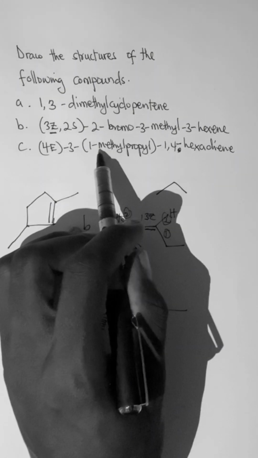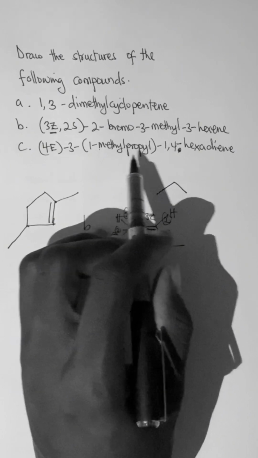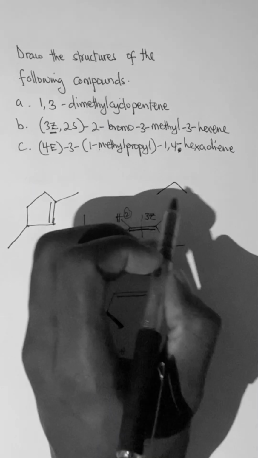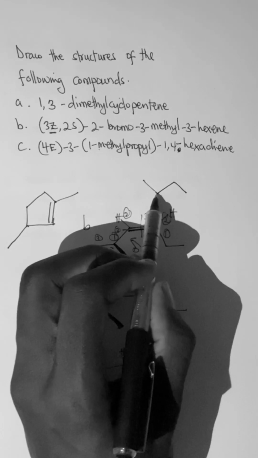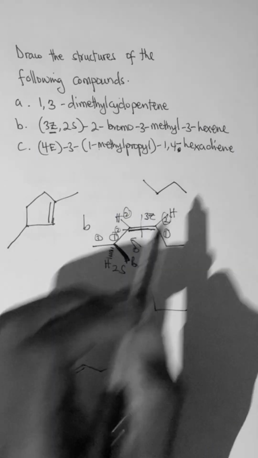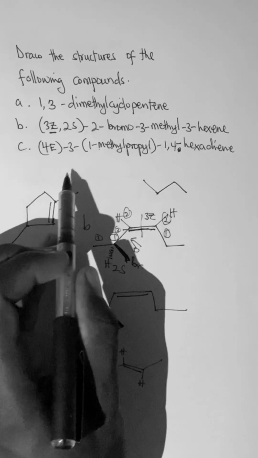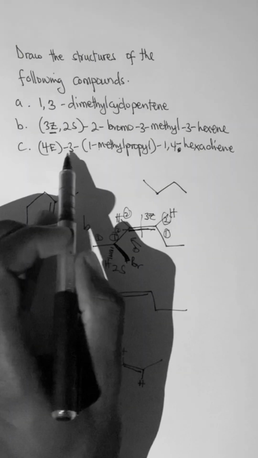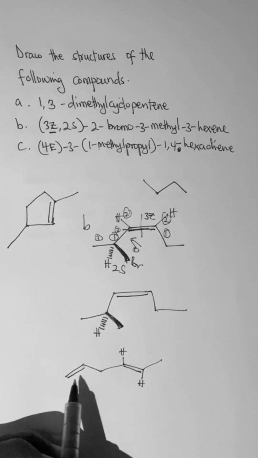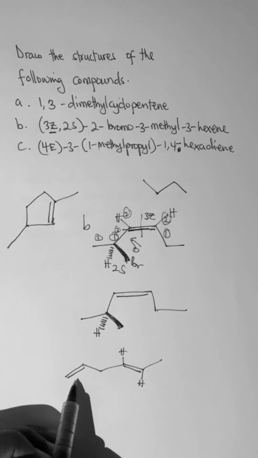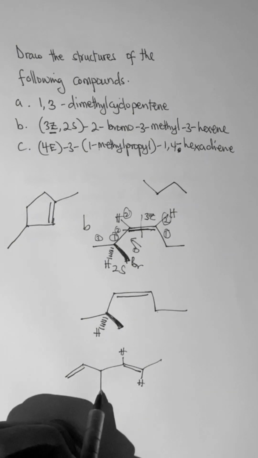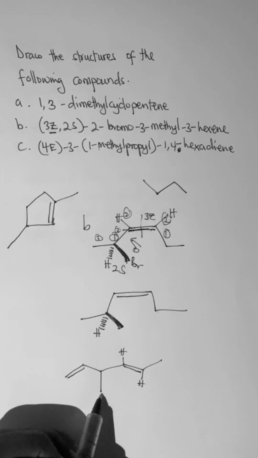Then we have a methyl on carbon number 1 of the propyl. So this is carbon number 1. We will then take this and join it to carbon number 3 of the parent chain. So carbon number 1, carbon number 2, and carbon number 3 on the parent chain. It's going to look like this.